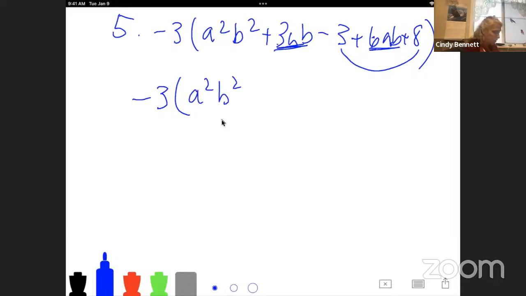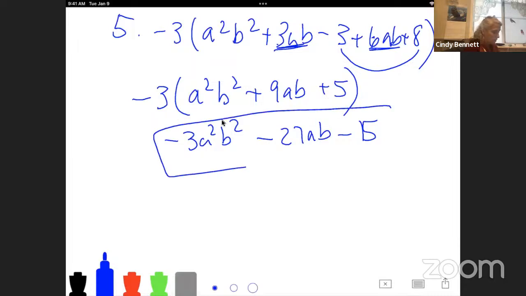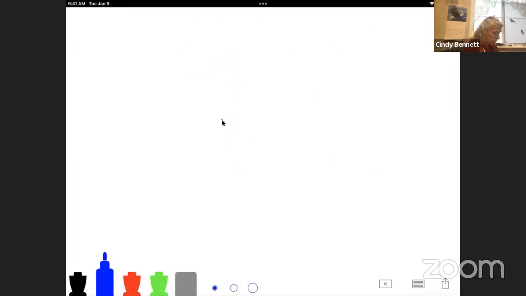So 3 plus 6 is 9ab, and then plus 5. Now I'm going to multiply negative 3 by everything. Negative 3a squared b squared plus, okay, that's going to be a minus. So minus 27ab minus 15, and that is my final answer.